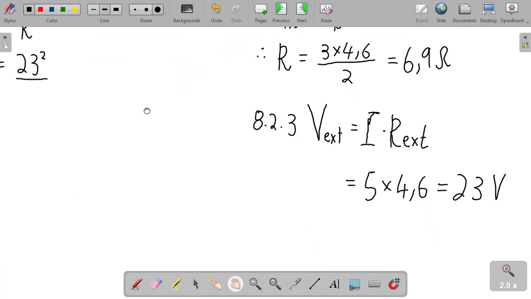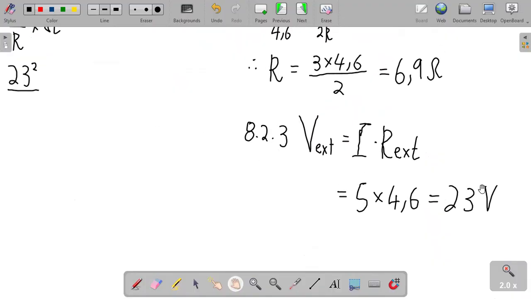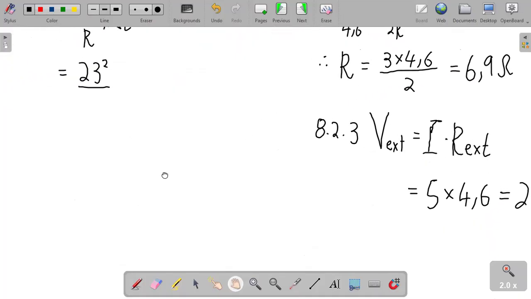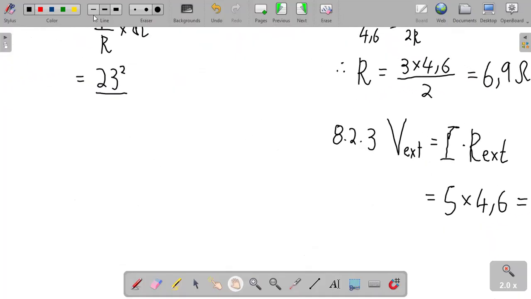Yes, 23 is from here, and then we use the R 6.9, and then multiplied by 2 times 60.